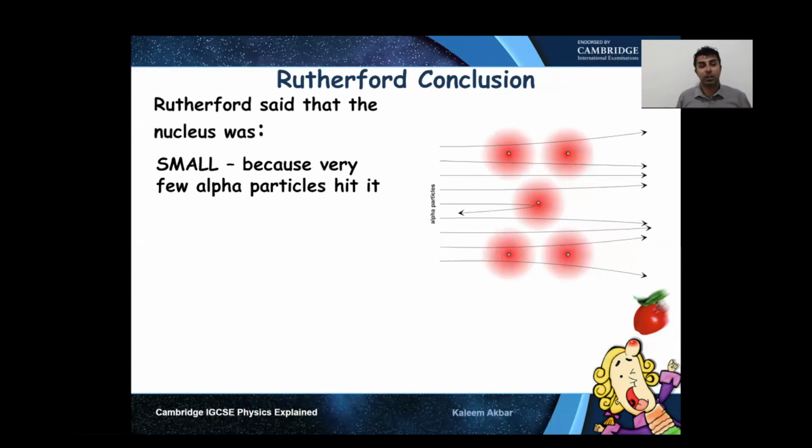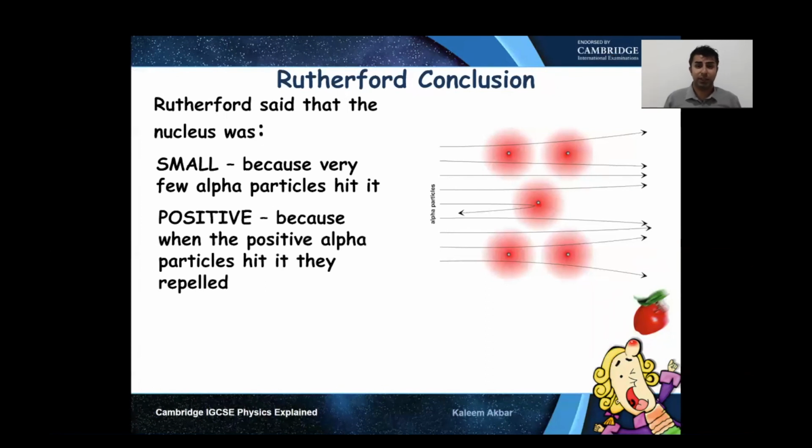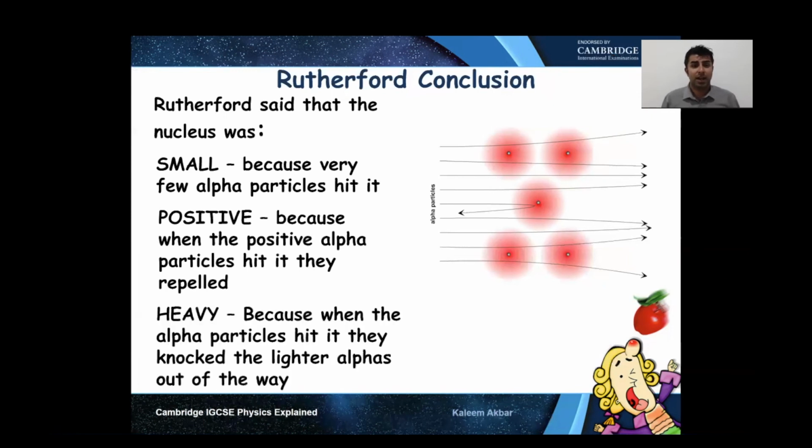Rutherford said that the nucleus was very small because very few alpha particles hit it, that it was positive because it repelled, it didn't actually hit the nucleus. It was heavy or dense because it was the alpha particles that bounced off to the side or bounced back, whereas the gold itself didn't move.